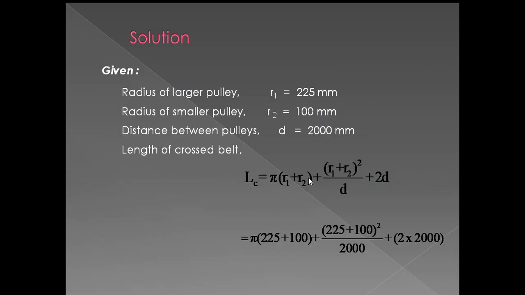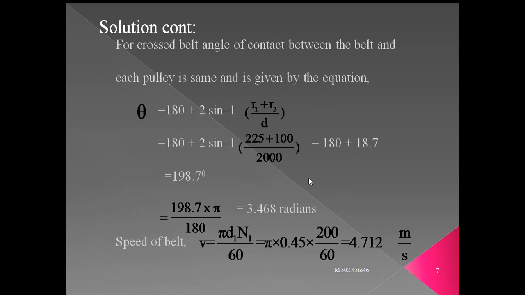So V equal to pi into 0.45 into 200 by 60, which is 4.712 meters per second, the speed of the belt.